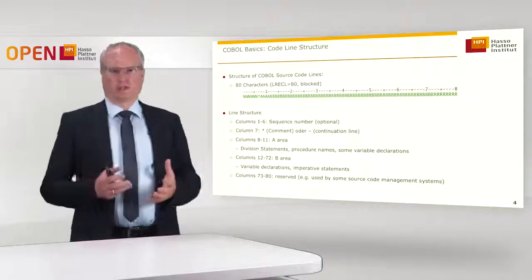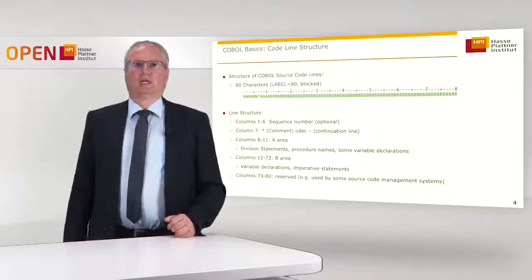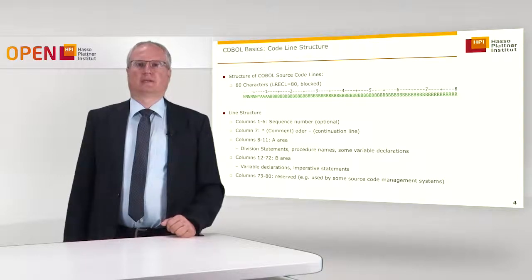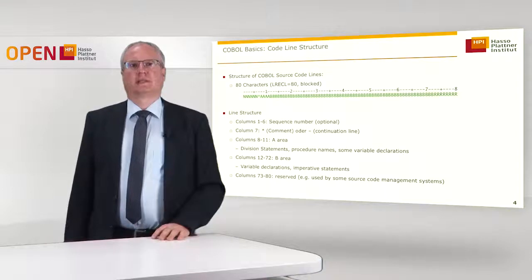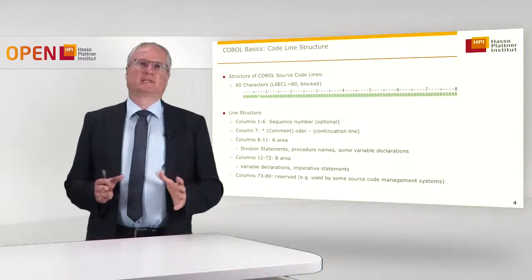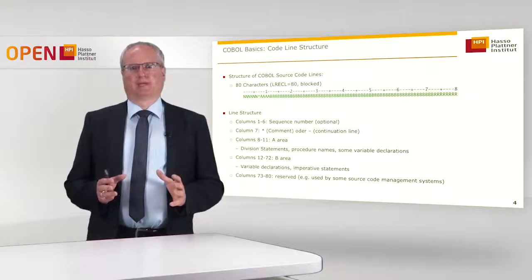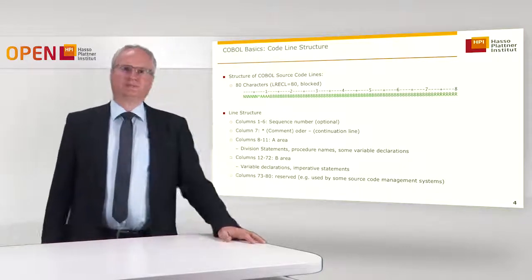COBOL is a very old language, coming from the early times of computing, and therefore it is a bit strange for modern eyes that the structure of COBOL is still governed by the original structure of a punch card. And for beginners, this is something you have to get used to.